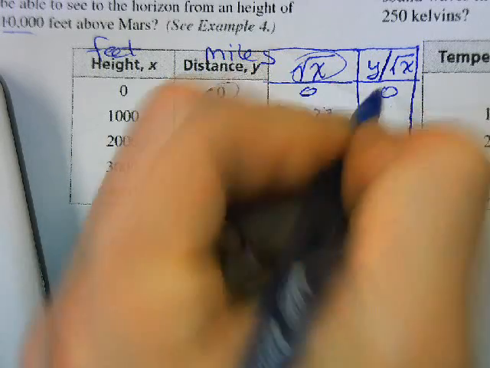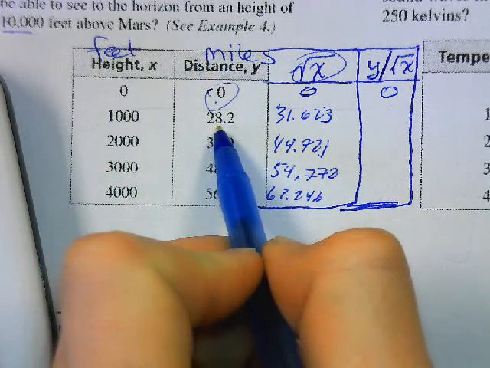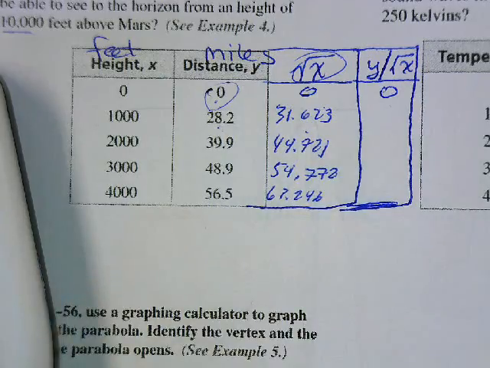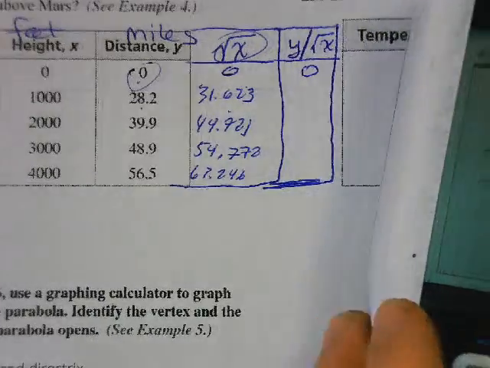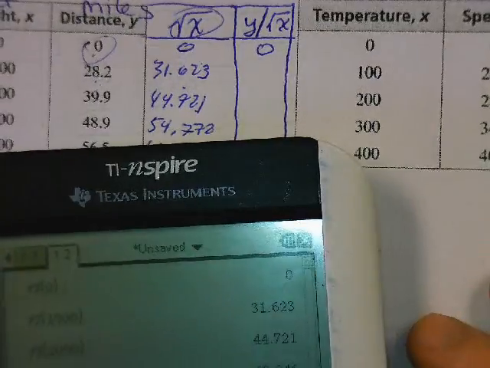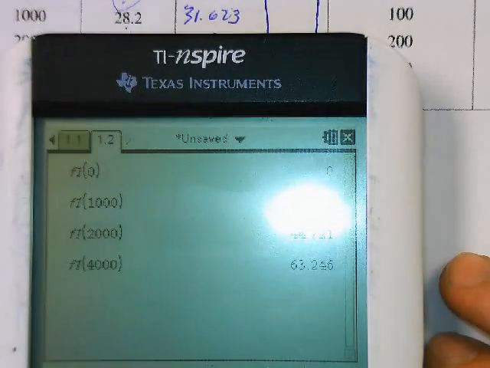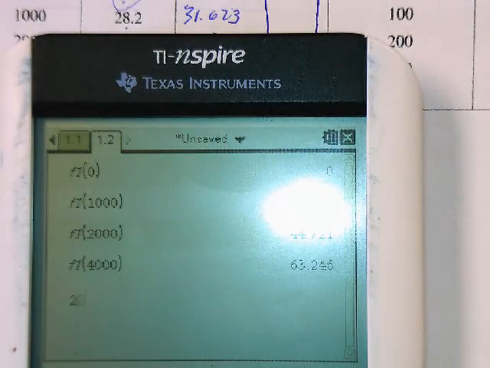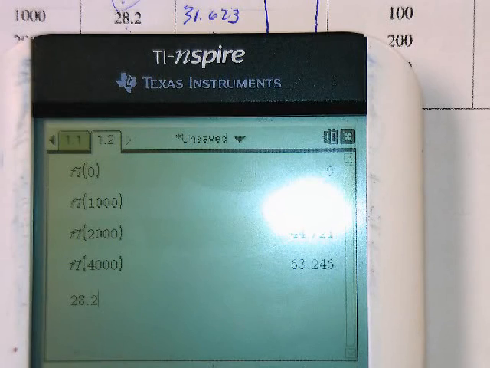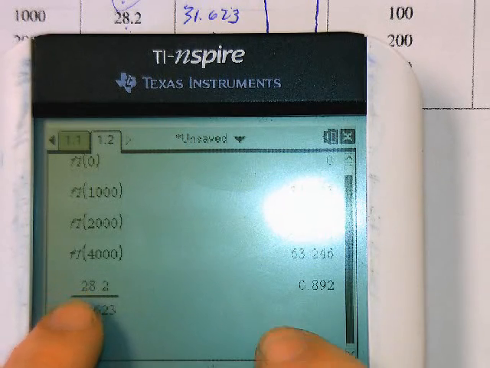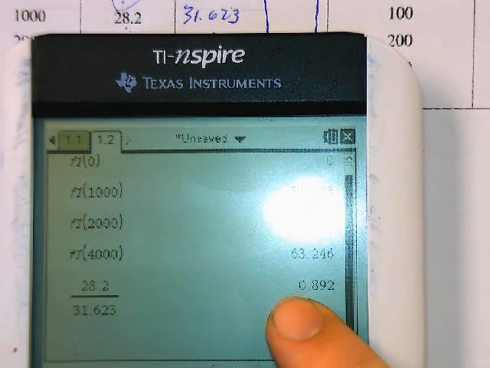And now we're going to do 28.2 divided by 31.623. That's going to come out 0.892. So we'll write that down. 0.892.